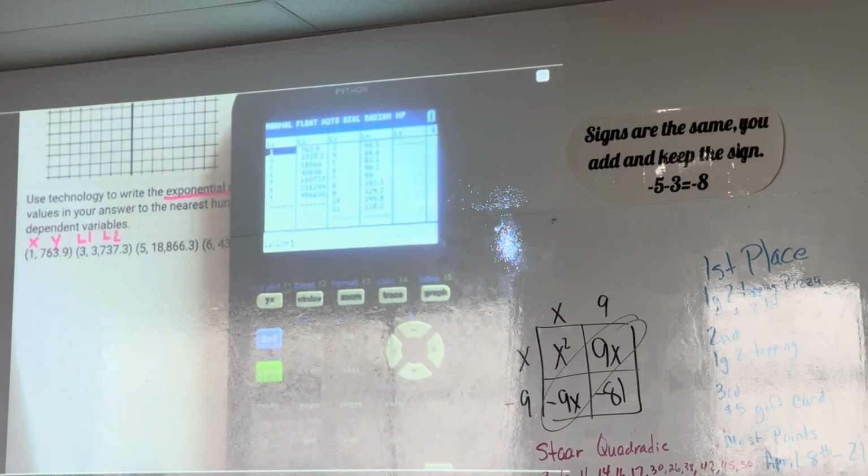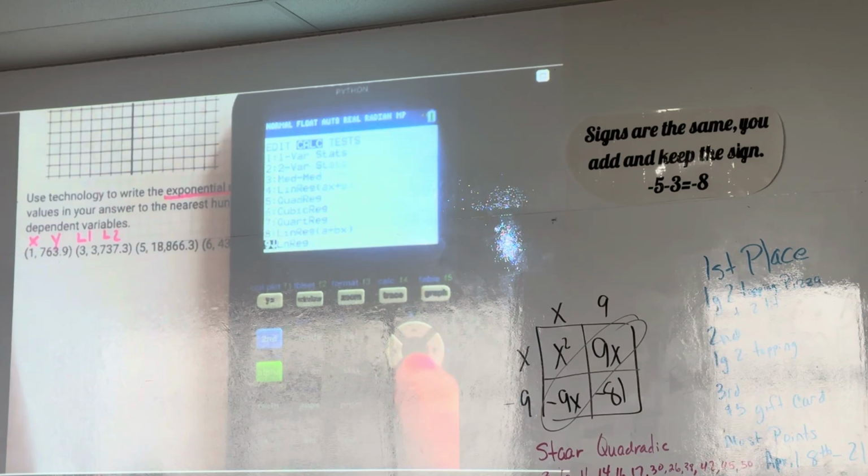Okay, looks like a few of you are already there. So stat, calculate, and so number 4 is linear, 5 is quadratic, and then you got cubic, quartic, and then 0 is exp, which is exponential.